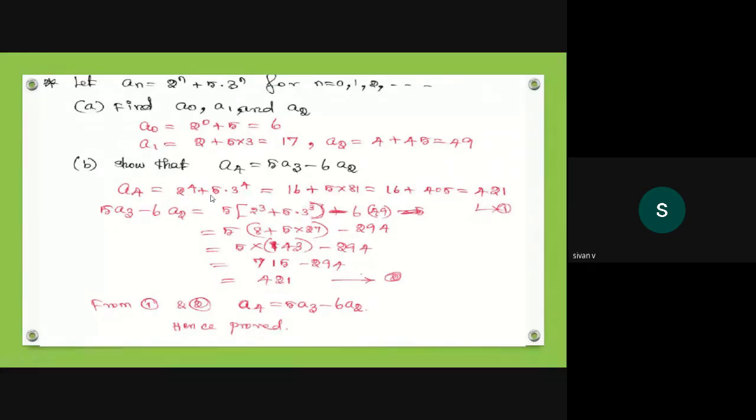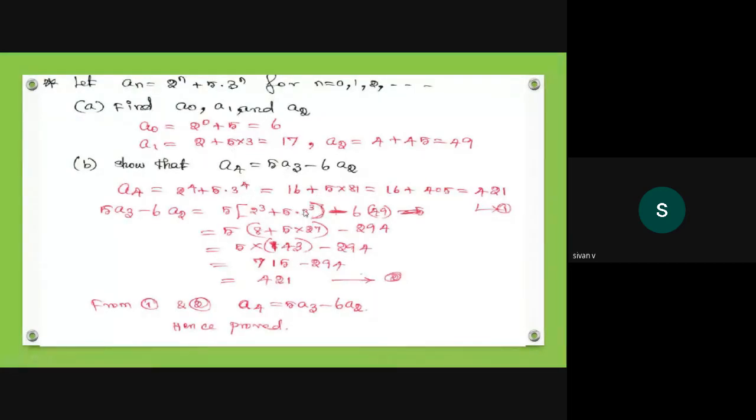Like an equals 2 power n plus 5 into 3 power n, the same way it is given as a4 equals 5a3 minus 6a2. So n equal to 4. So a4 is 2 power 4 plus 5 into 3 power 4. That is 16 plus 5 into 81, 421.